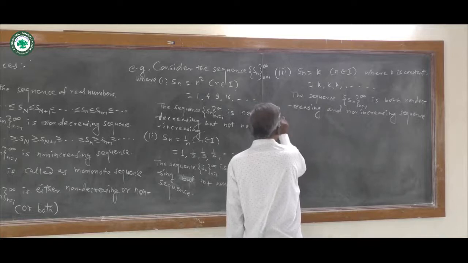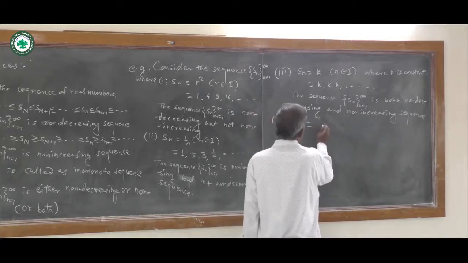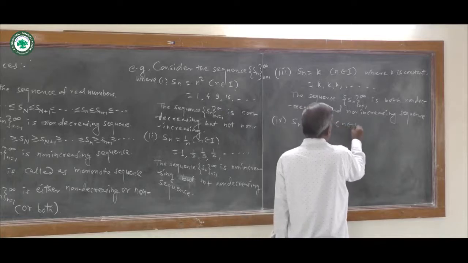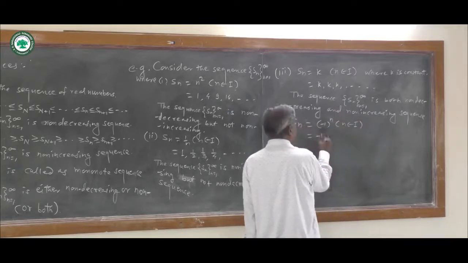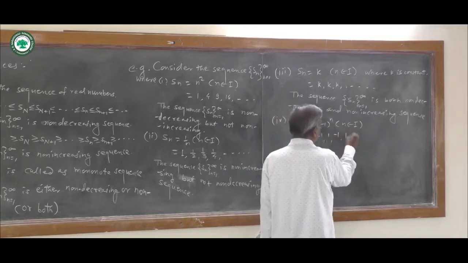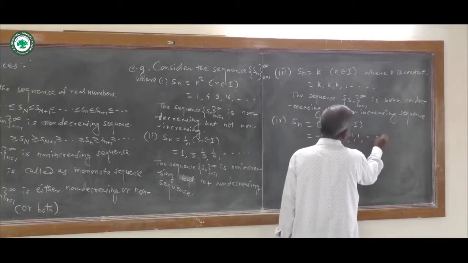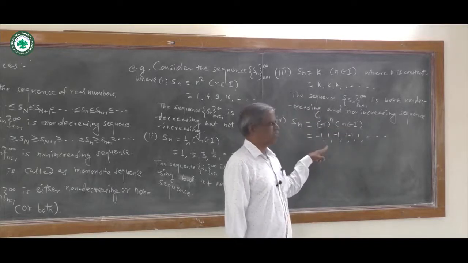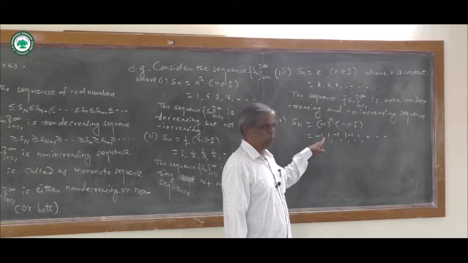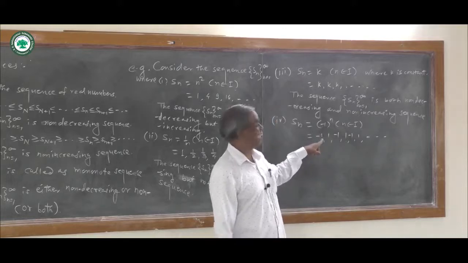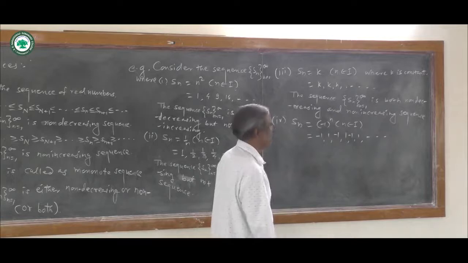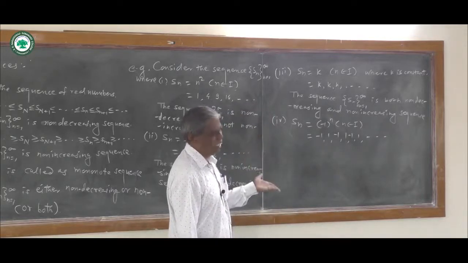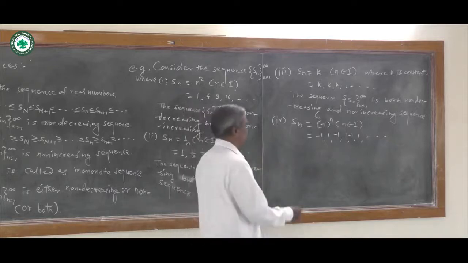Number 4, S_n is equal to minus 1 to the power n for all n belongs to I. This sequence is minus 1, plus 1, minus 1, plus 1, minus 1, plus 1 and so on. S1 is minus 1, S1 is less than S2, but S2 is not less than S3. This sequence is neither non-decreasing nor non-increasing.